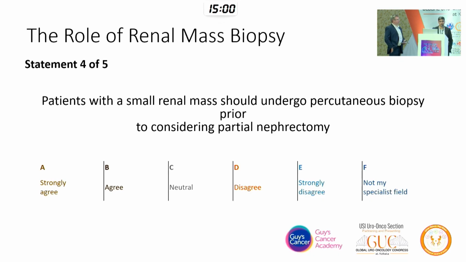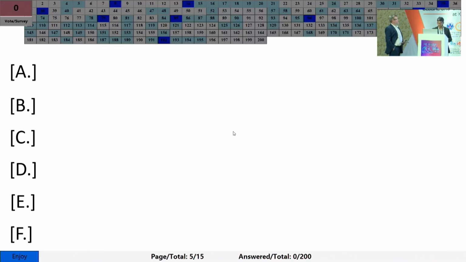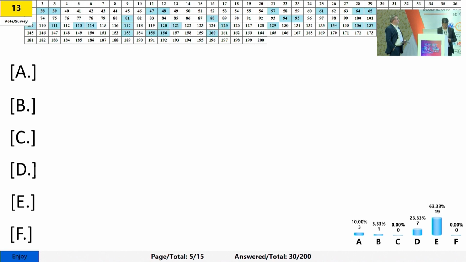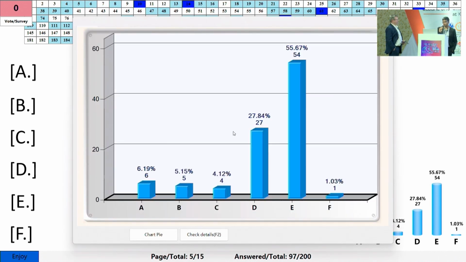Next, patients with small renal masses should undergo percutaneous biopsy prior to considering radical nephrectomy. Thank you. That finishes the set of questions for SRMs.